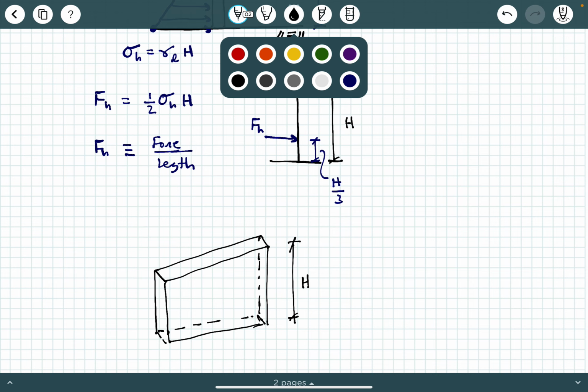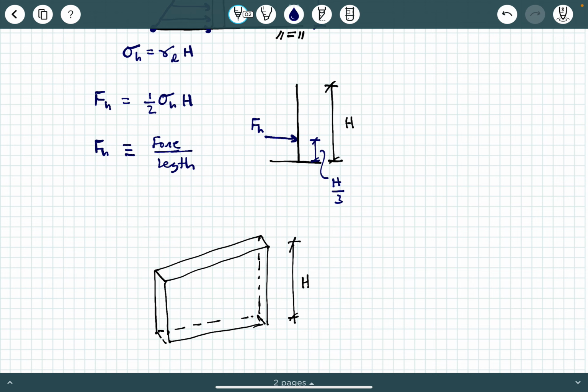And so that uniform distributed load, F, is going to look kind of like this, acting on the back face of that wall, okay? And again, that's at a height h/3 above the base, okay? And so when we say force per length, it's per length of wall coming out of the screen at you, all right?